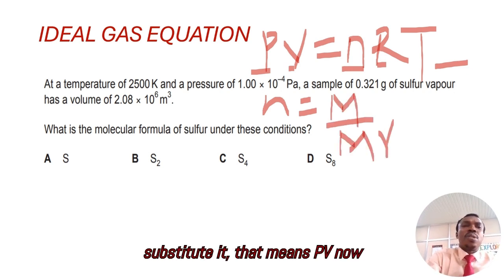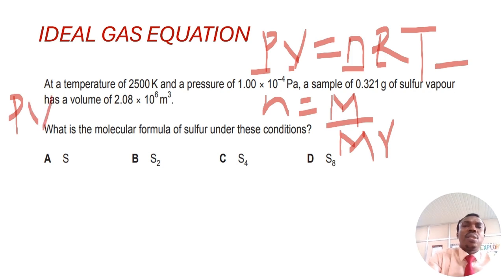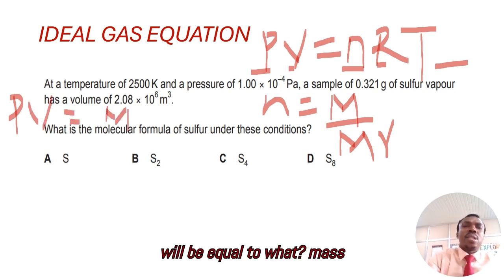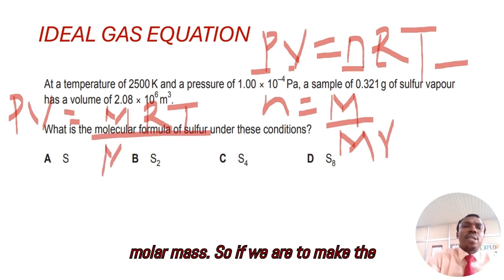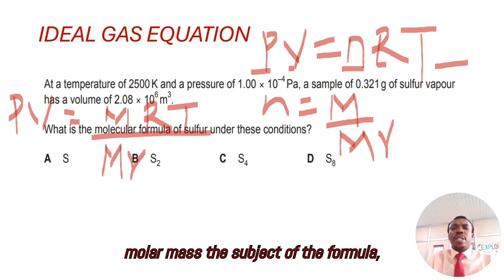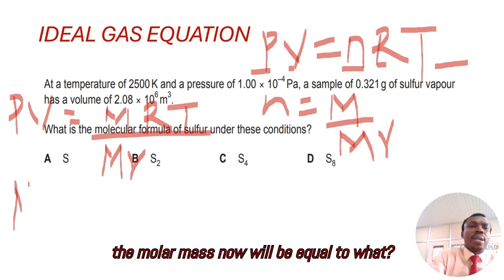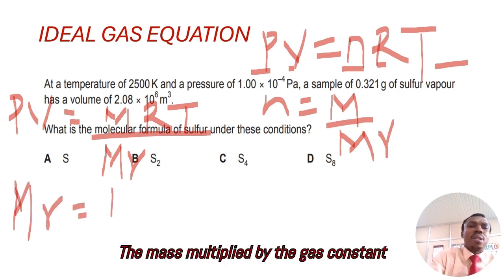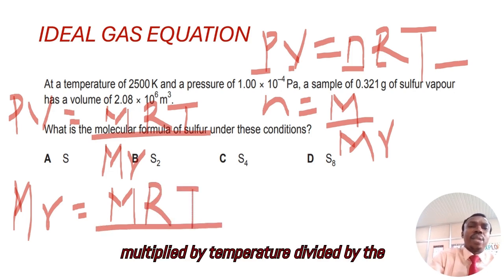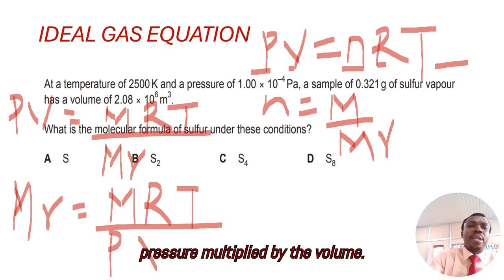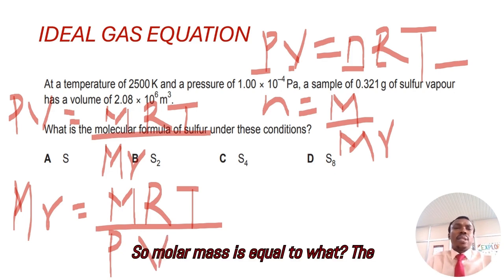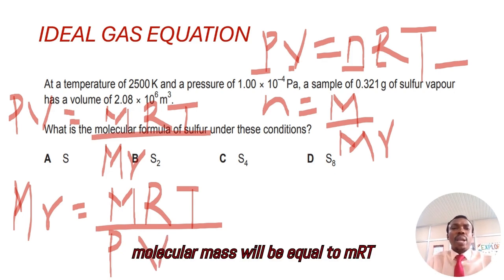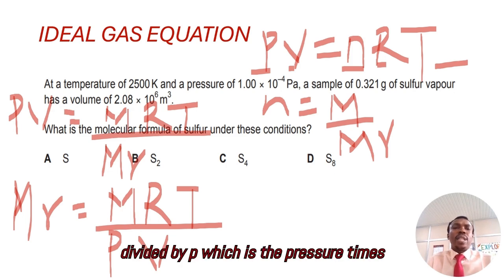So if we substitute it, PV will be equal to mRT over molar mass. If we make the molar mass the subject of the formula, the molar mass will be equal to the mass multiplied by the gas constant multiplied by temperature, divided by the pressure multiplied by the volume. So molar mass equals mRT divided by P, the pressure, times the volume.